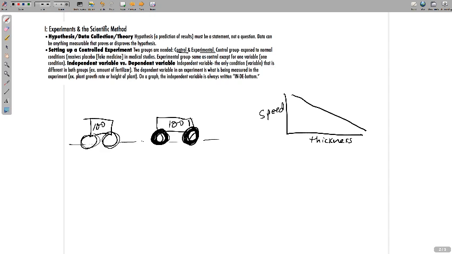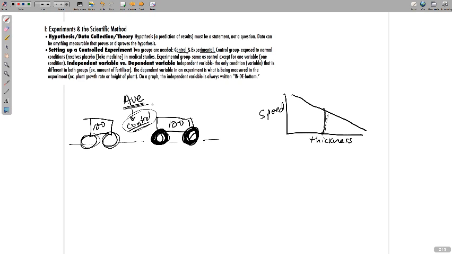And we need something called the control group. Somehow in the middle, we're going to figure out what the average car tire thickness is. We're going to call that the control group. This is what we base everything on, the average speed of regular old tires.